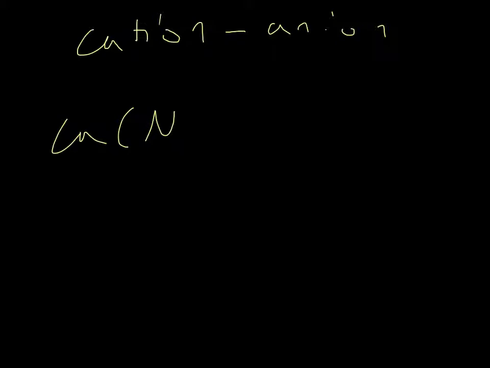Alright, well, luckily, when we're doing naming of ionic compounds, it's very easy. You just take the name of the cation, and then you tack on the name of the anion. Very simple. So, it's even written out the same way in your formulas, usually. So, for example, that is calcium with 2 nitrates.